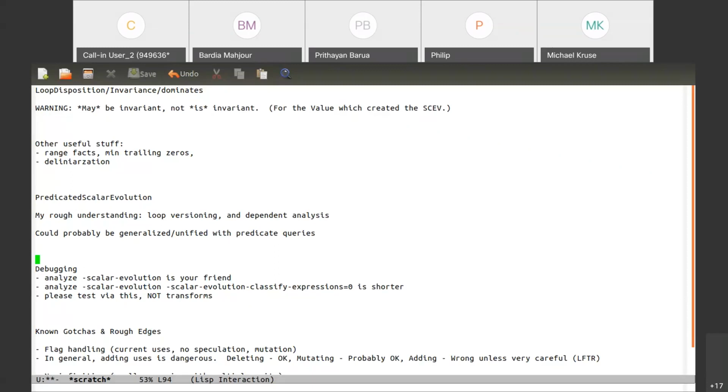One of the things I've found is it is frequently very, very useful when looking at a missed optimization at a higher level to take a step back and look at the underlying SCEVs and make sure that they look as I would expect.